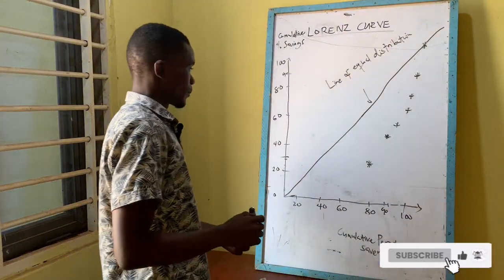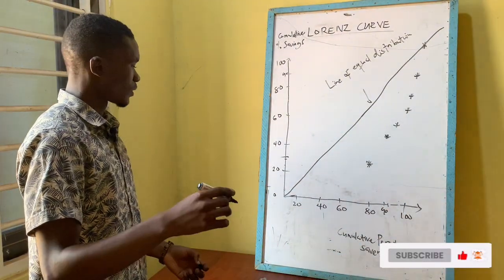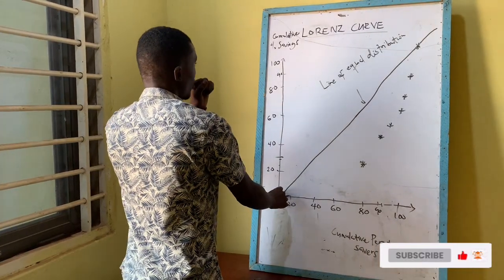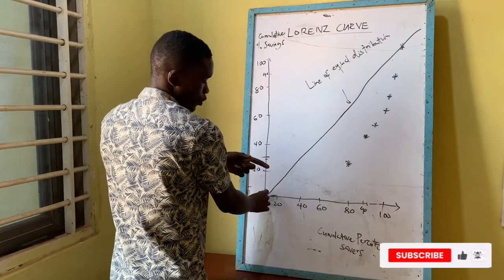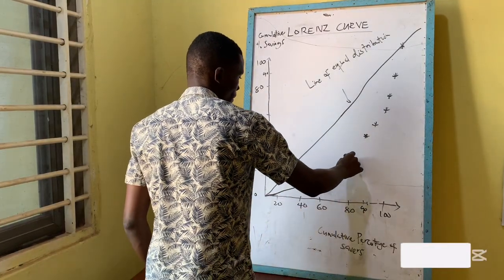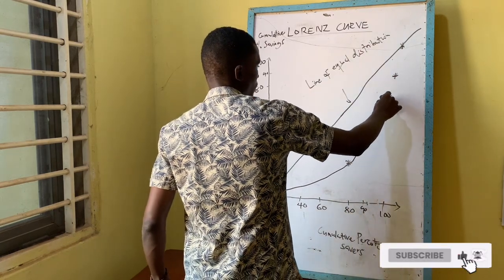So after you are done, you just draw a freehand sketch line from the origin of the cumulative savings and the cumulative percentage of savers to pass through all the points. So this is how it will be.